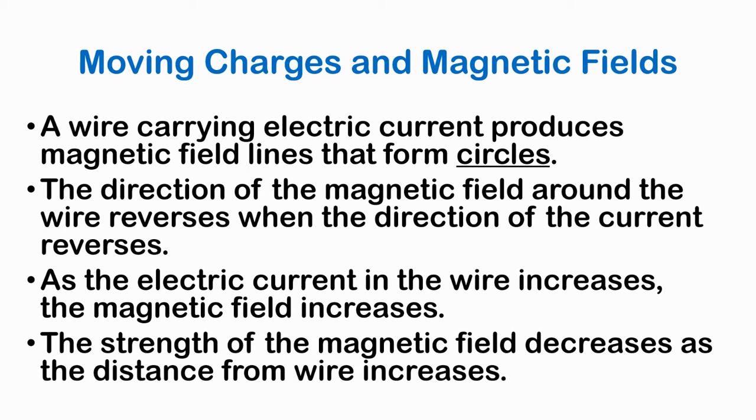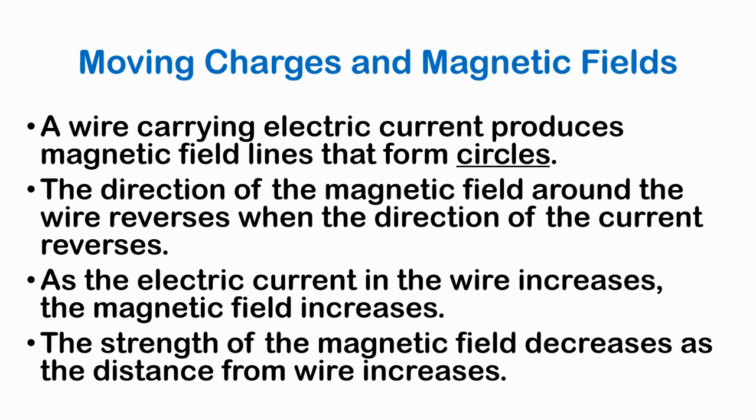As the electric current in the wire increases, the magnetic field increases. That makes sense if you think about it. If you have a lot more electrons flowing down a wire in a certain direction, then you're going to have a lot more magnetic field.